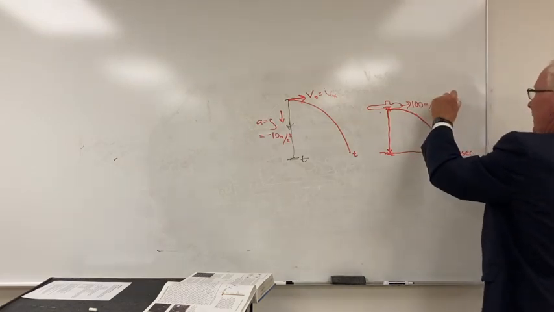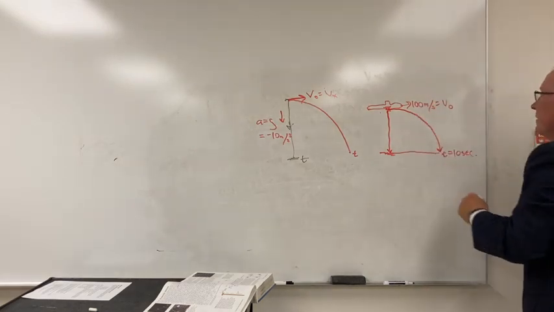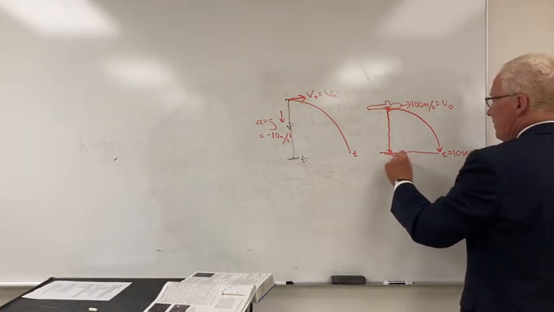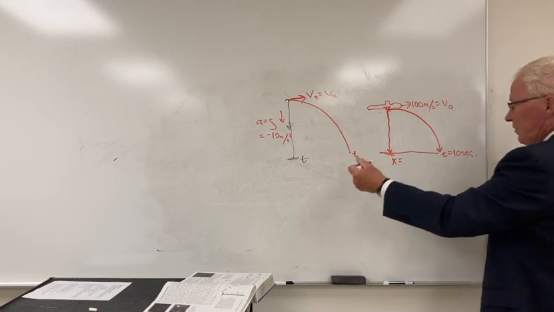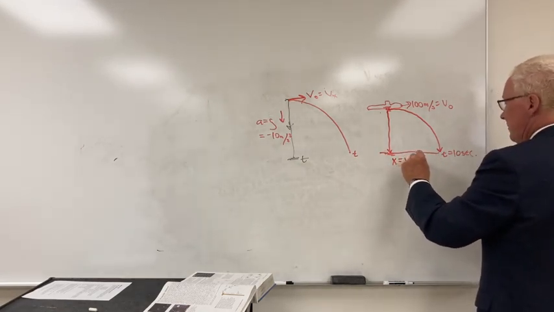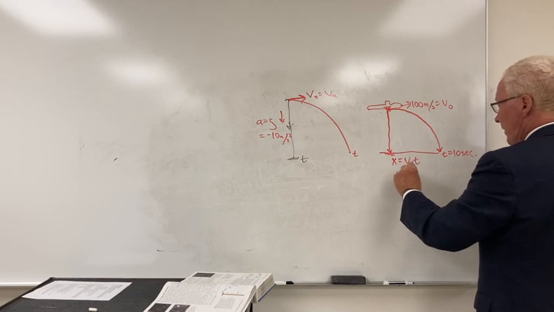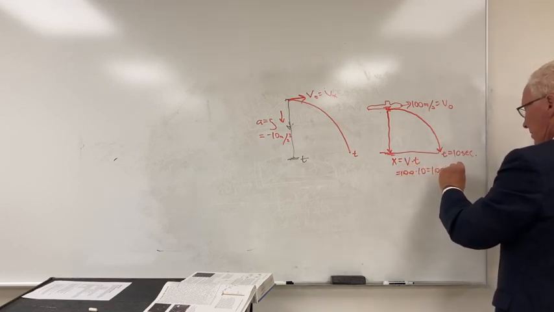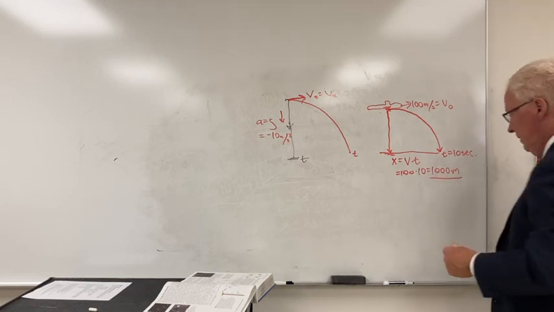You have initial speed of 100 meters per second. It's going to take 10 seconds to fall. The distance x it falls horizontally is velocity times time, which will be 100 times 10. It'll fall 1,000 meters ahead of that, all right?